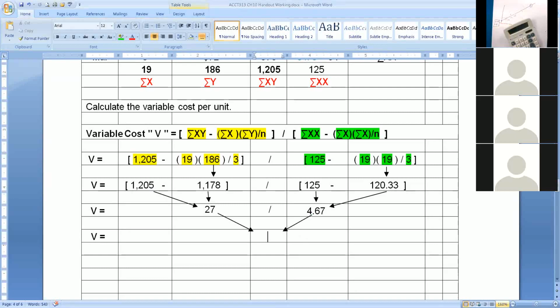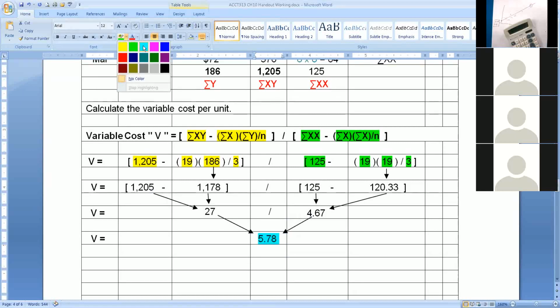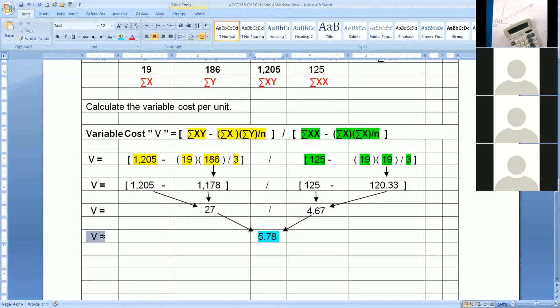I rounded off to the nearest cent, so 5.78. And so that's our variable cost.